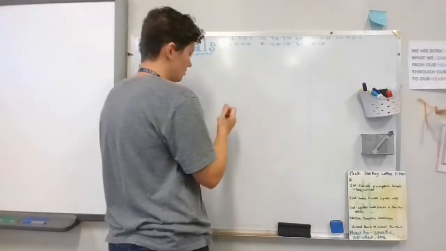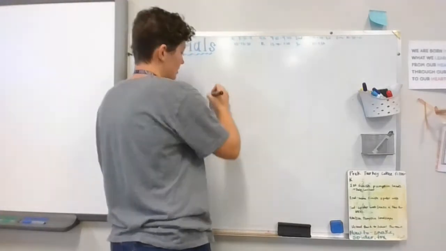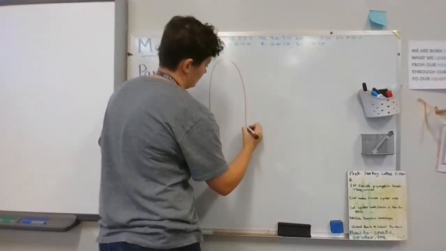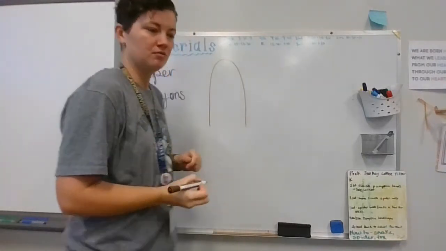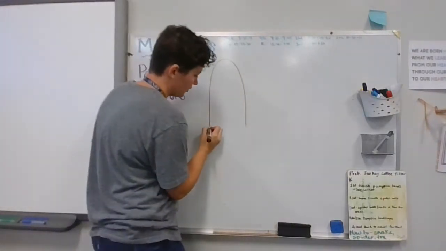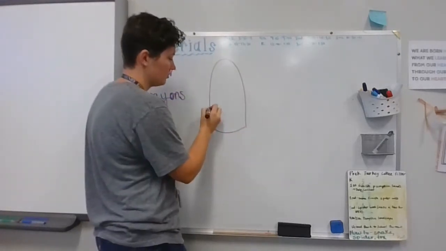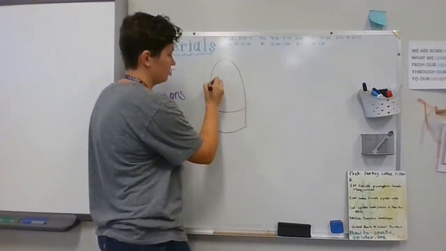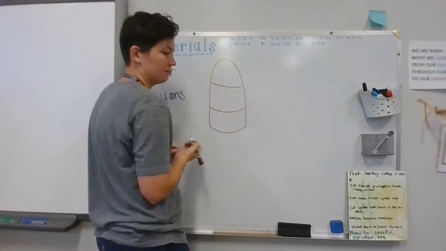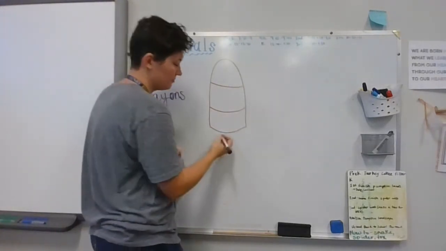So what we're going to do is we're going to do a big curve like this, kind of like a giant mountain. We're going to curve the bottom like that. And we're going to go through and add a few more. I'm going to do 3. So there's our ice cream.